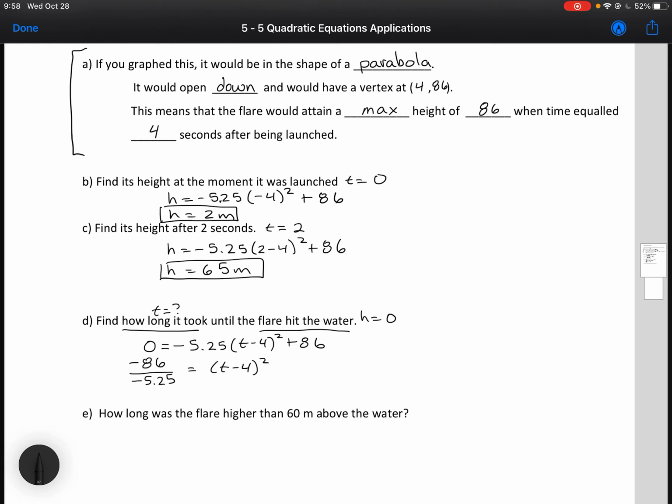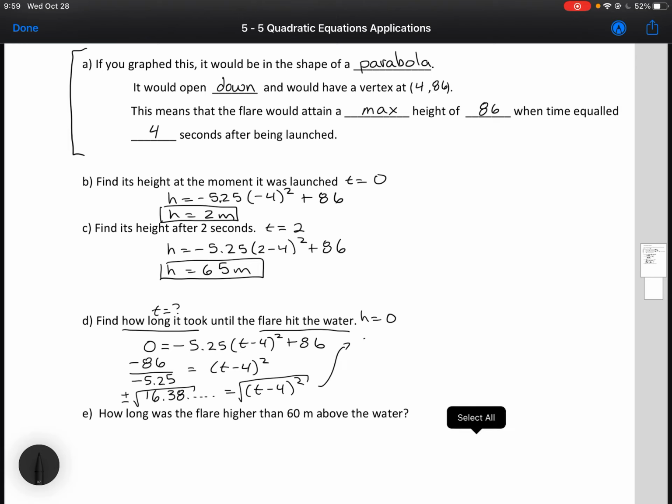So then I can evaluate this on my calculator and I get 16.38 plus some other decimals is going to be equal to (t minus 4) squared. So now in order to eliminate that quadratic part, I'm going to take the square root of both sides, but when I take the square root, I'm going to get a positive and negative answer.